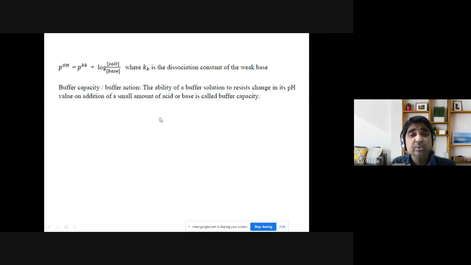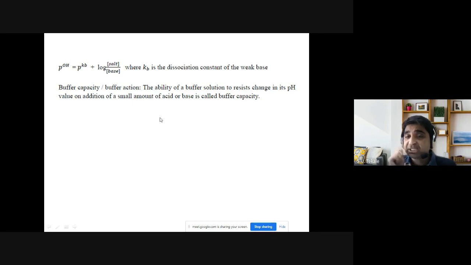Now how exactly does it work to resist change in its pH value? That ability of the buffer solution to resist change in its pH value on addition of a small amount of acid or base is called buffer action or buffer capacity.